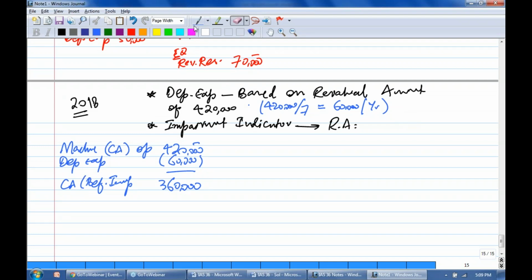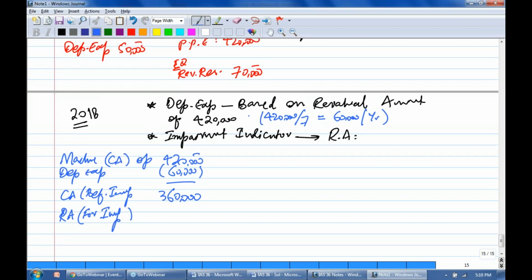That is the new recoverable amount for impairment.